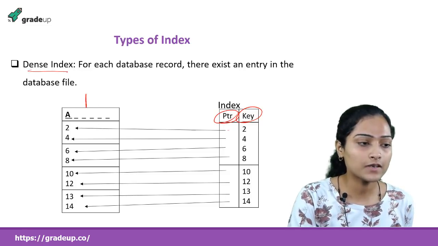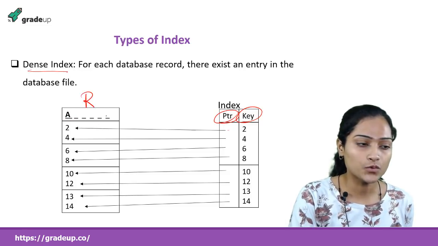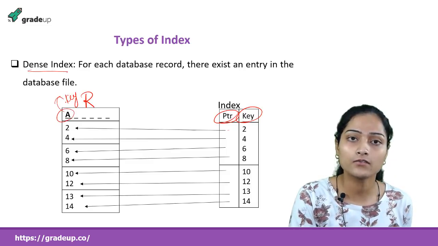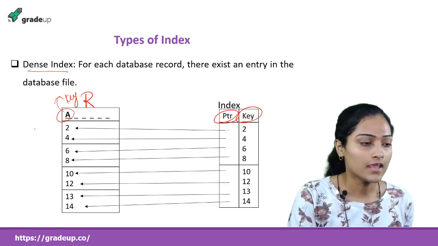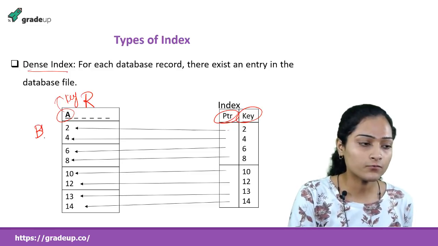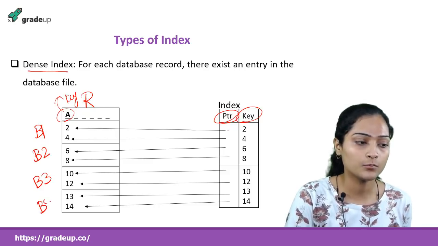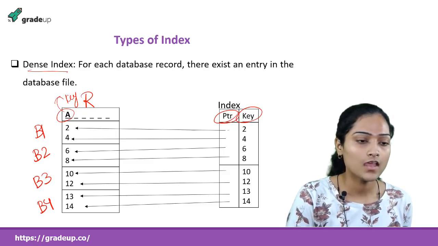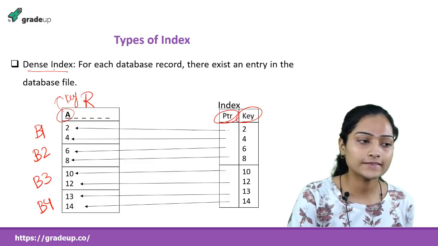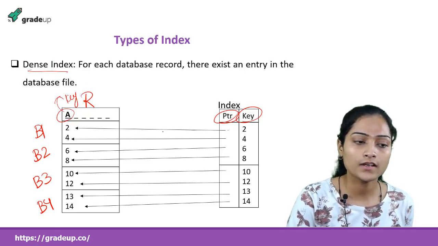Suppose we have some relation R with some attribute set, where I am using A as our key attribute for deriving our index relation. Suppose this R is stored in 4 memory blocks, B1, B2, B3 and B4. I want to build an index table for this particular relation.